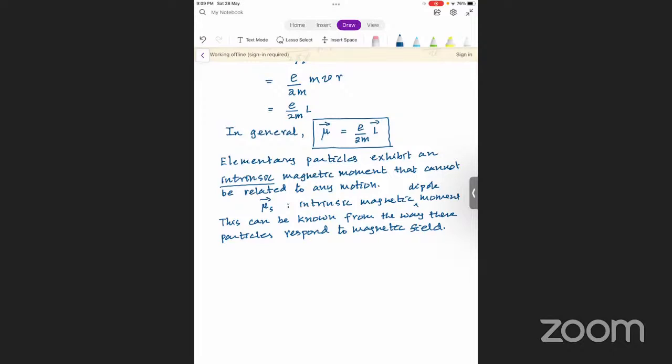The angular motion is not there, but for theoretical purposes, is it possible that we define an angular momentum?